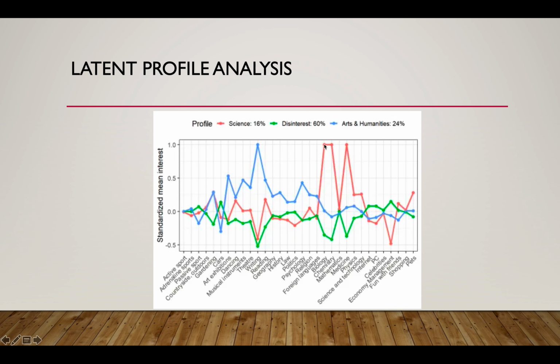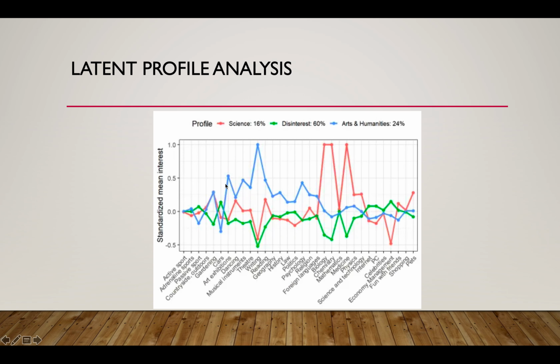And then they shoot way up here for biology, chemistry, dip back down for mathematics, and then back up for medicine, physics, and so on. And then economy is down here. These wind up being science-based people, right? And you can see that they're endorsing quite a bit of interest in science on some sort of continuous level.